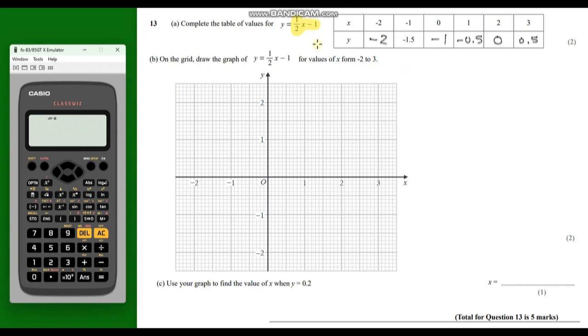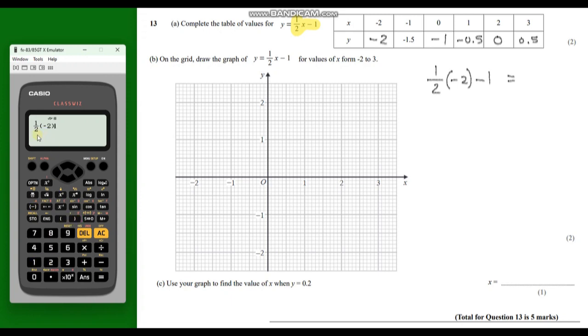What you could have done is in your calculator, you can type in a half and then the value for x and put that in brackets. So if we're starting at -2, we type in a half and go along and then type in -2 in brackets, and then -1.